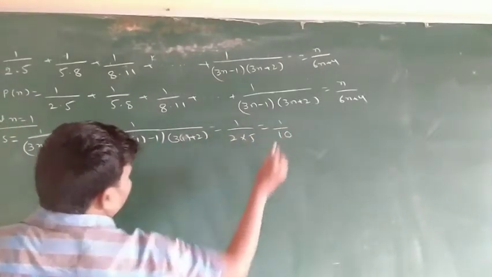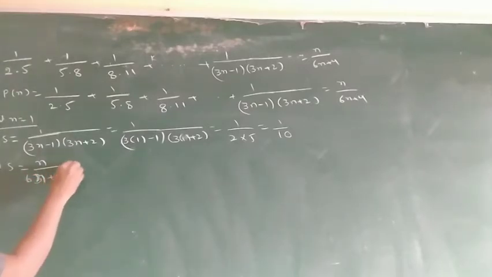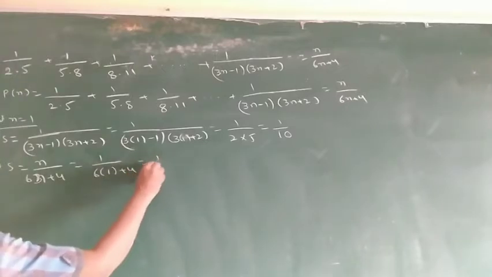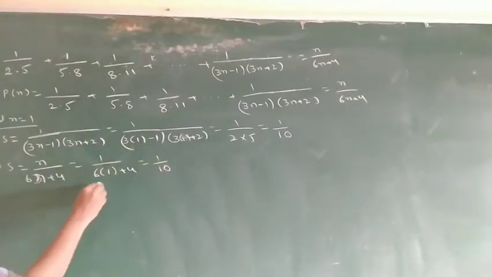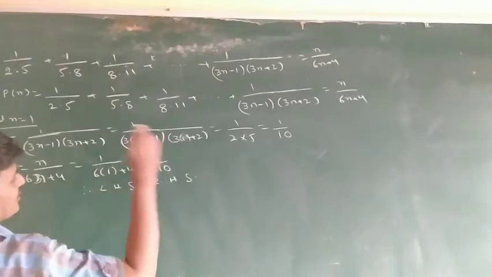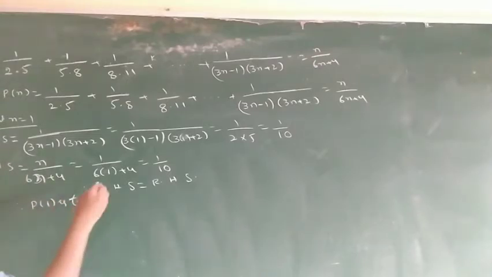RHS is n by 6n plus 4, so 1 by 6 into 1 plus 4. Therefore LHS is equal to RHS. Therefore P of 1 is true.